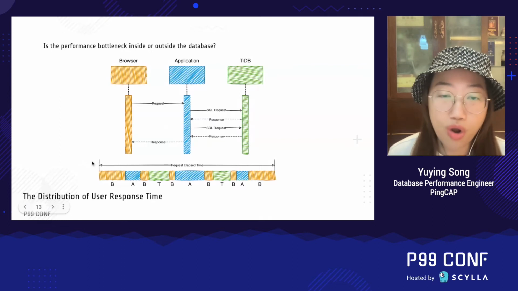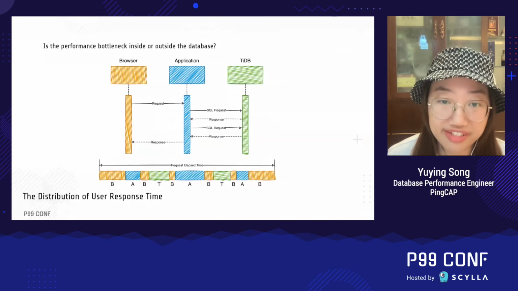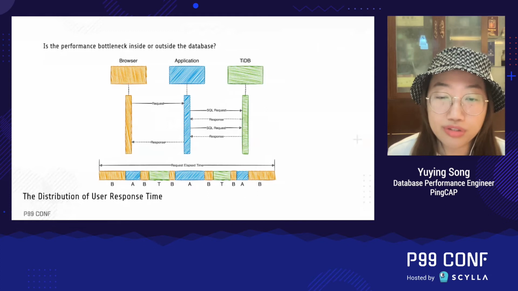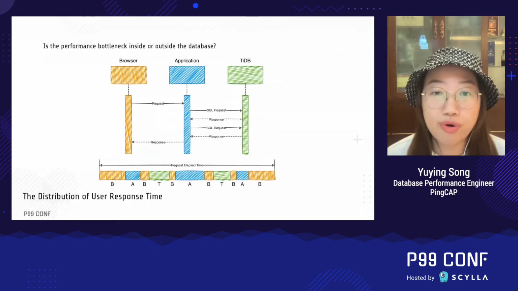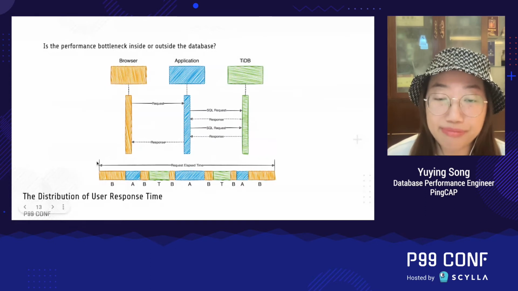The whole time period can be expanded, as shown here. Only these two parts, marked in green, mean the time you spend in a database. So when a user reports to you that the system is very slow, the database is not necessarily the thing to blame.